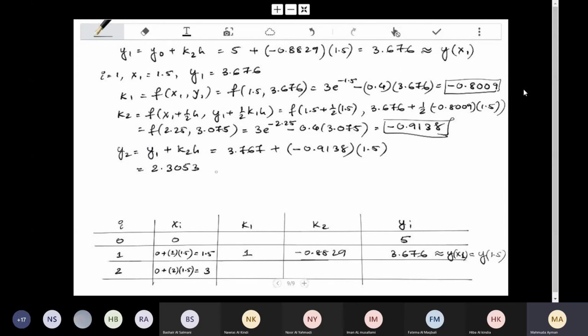2.3053. Yep. And that's approximately value of y at x is equal to 3, because if we write it down here now, we have k1 minus 0.8009, minus 0.9138, and here we have 2.3053, which is the value of y at x is equal to 3.